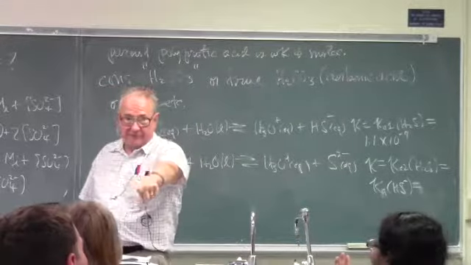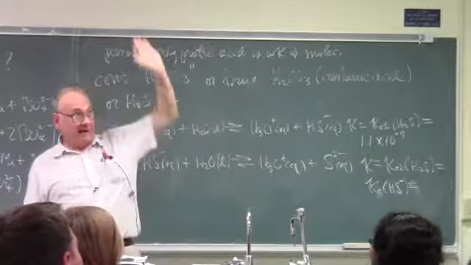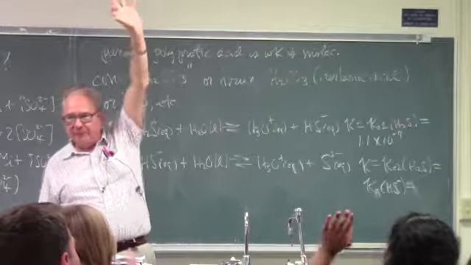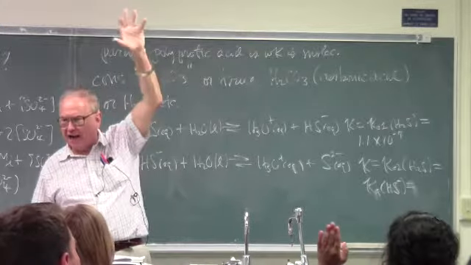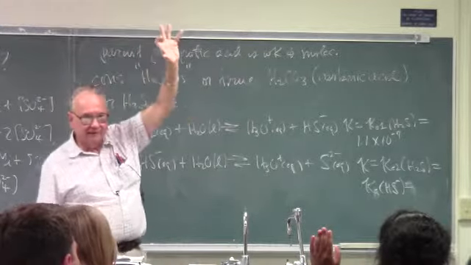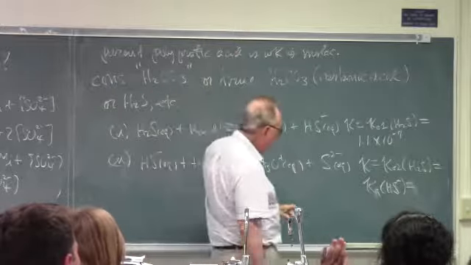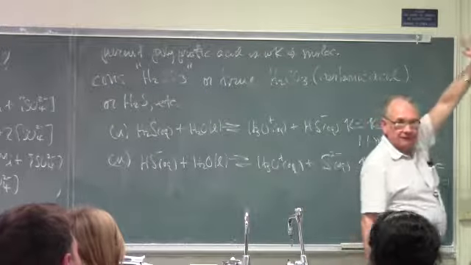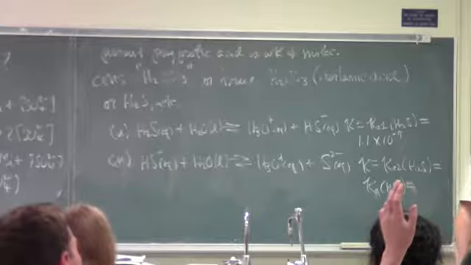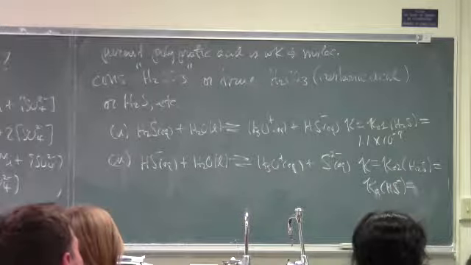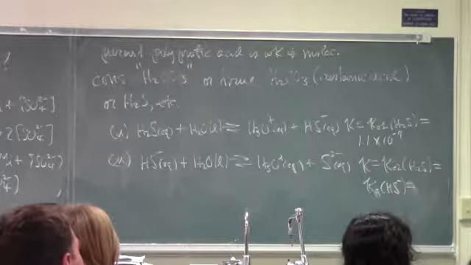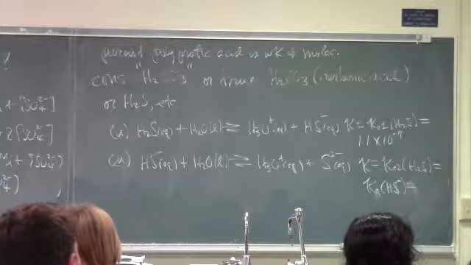That's a half a vote. I want yup votes. I want to see that you're standing up for what you think. How many vote that Ka HS minus is smaller? How many didn't vote? I want to know where the zeros go. Okay.